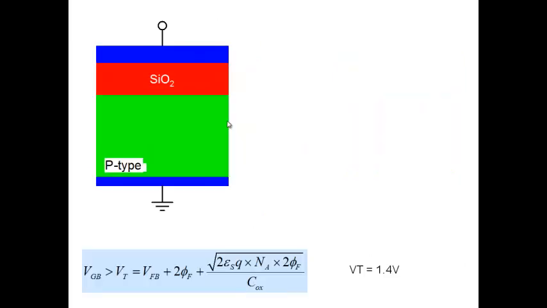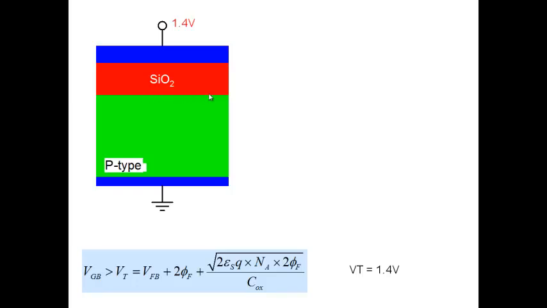All right, so back to the MOS capacitor. So we have here the threshold voltage. If I calculate for the numbers that I've given you, 100 nanometers of SiO2, doping of 10 power 16, the threshold voltage turns out to be 1.4. So if I apply 1.4 here, obviously I would create an inversion layer here.